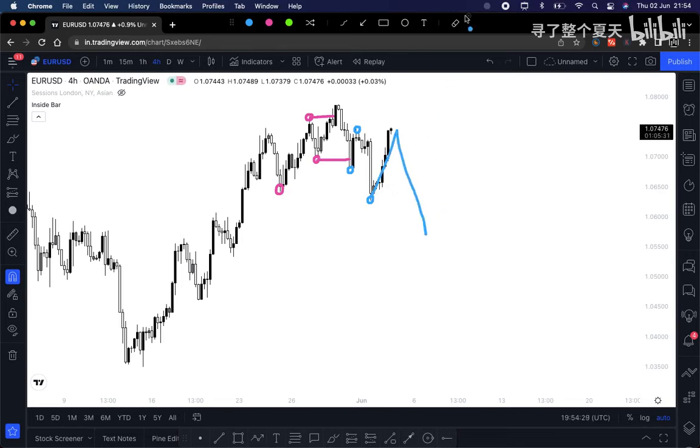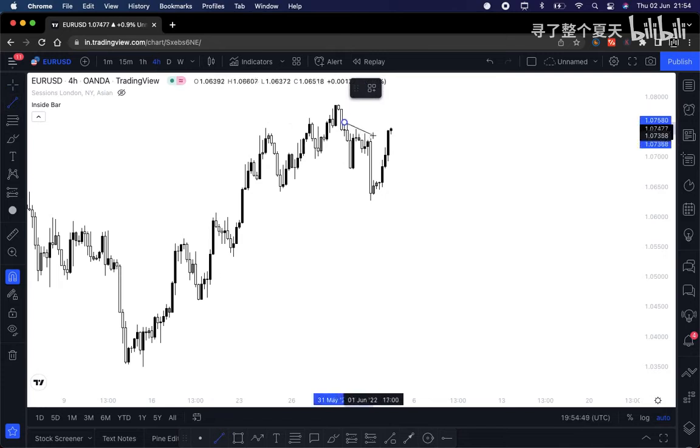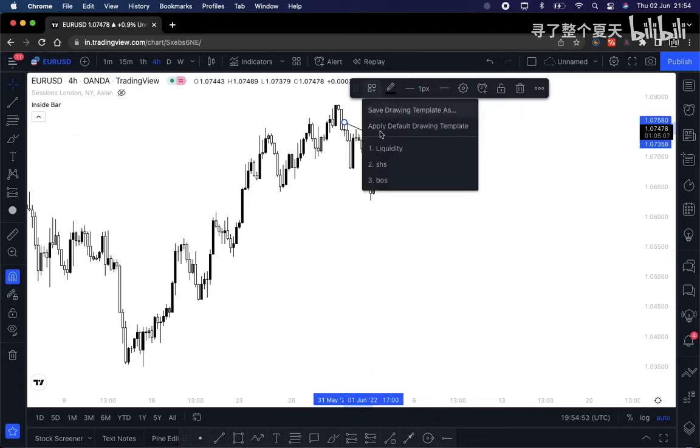And then another thing is that what you need to see is that around this area here we have a bit of a trend line, whereby price could try and reach out for whatever liquidity that's resting around this area here, right?